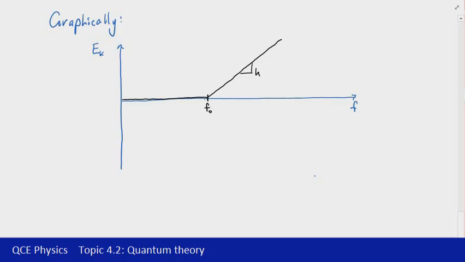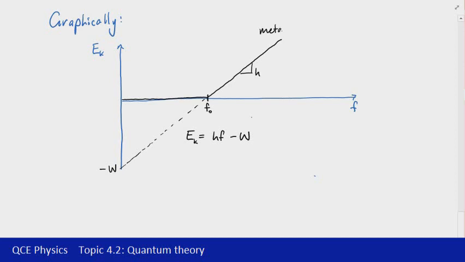Now, if we were to track that line back and project it back to the vertical axis, the value that we would see there would be negative W. That's because this trend line is given by the equation E is equal to hf minus W. So you can see there the gradient is h, f is the horizontal variable, E is the vertical variable, and W being the vertical intercept.